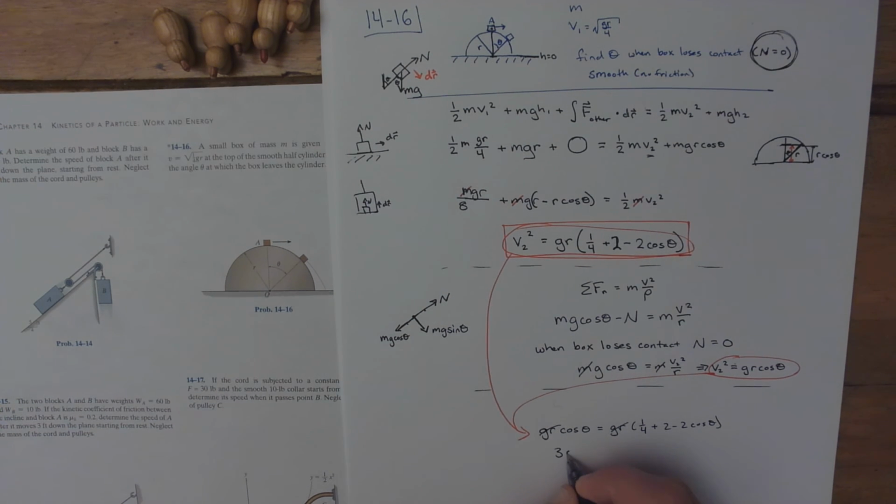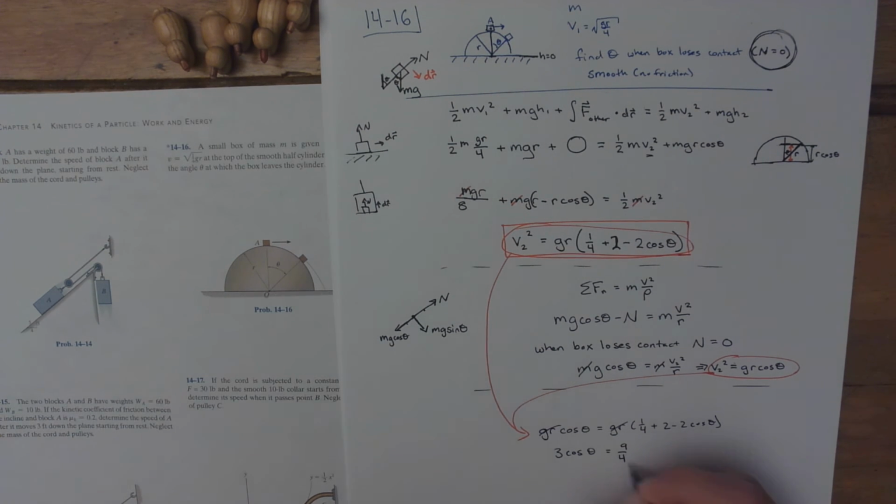That would make it 3 cosine theta is equal to 2 plus 1/4. That would be 8/4 plus 1/4, so that's 9/4. And I'm looking for theta, right? I can divide both sides by 3, and I get cosine theta is equal to 3/4.